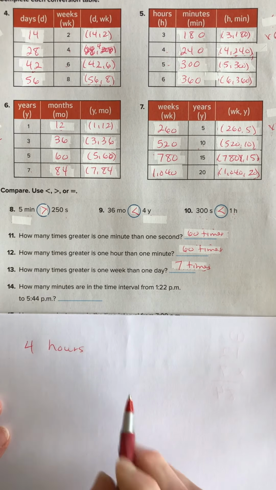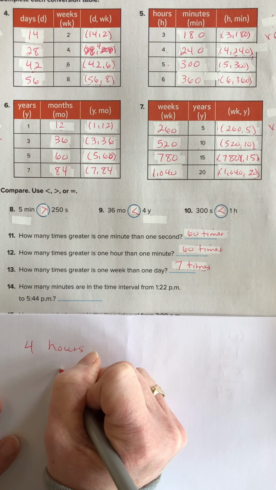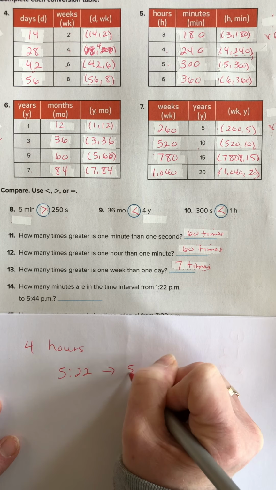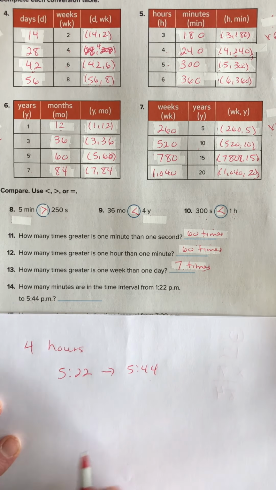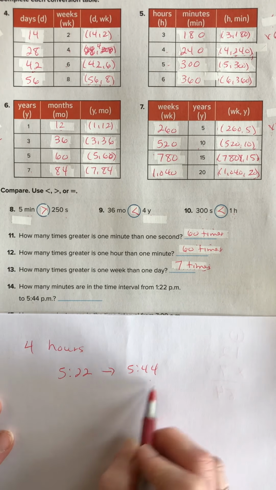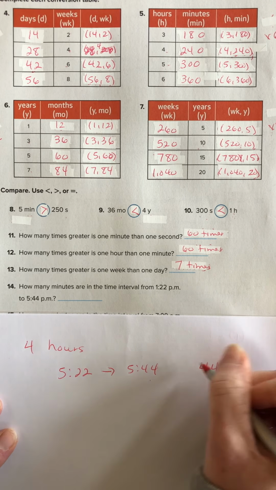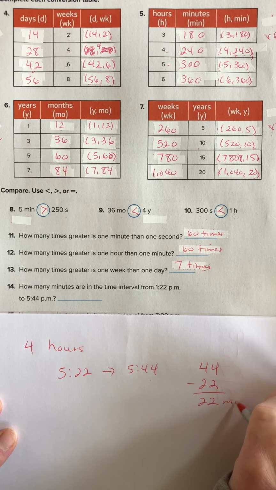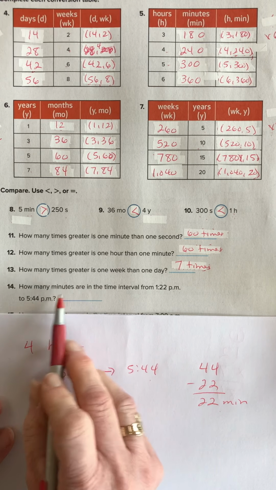Okay, and then you have to figure out the difference between the minutes. So what's the difference between 5:22 to 5:44? How many minutes did I add to get here, right? So if you can't do that in your head, you can do a regular subtraction. You do 44 minus 22, it's going to be 22 minutes. Okay, so now they want to know the time interval in minutes.